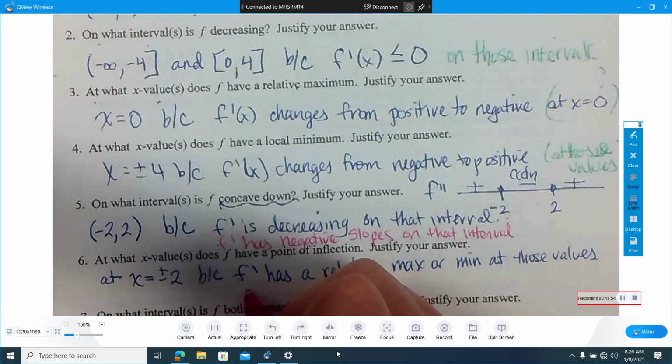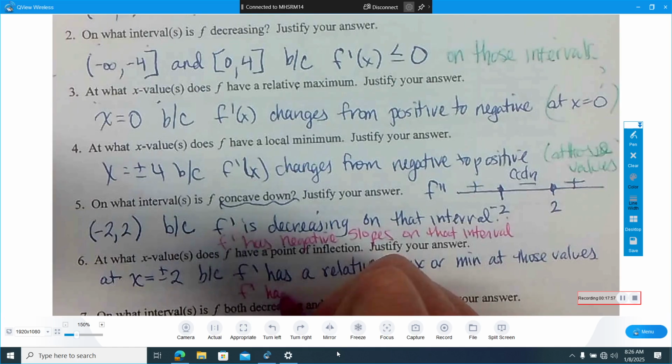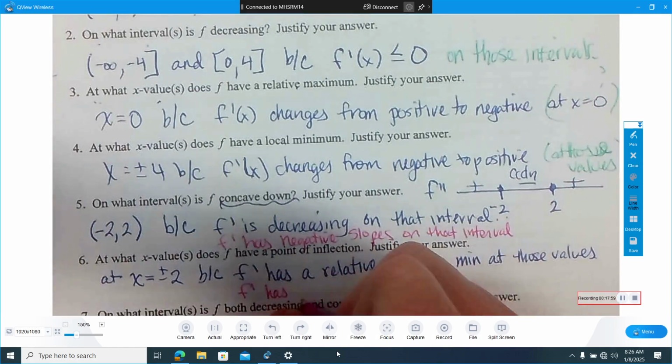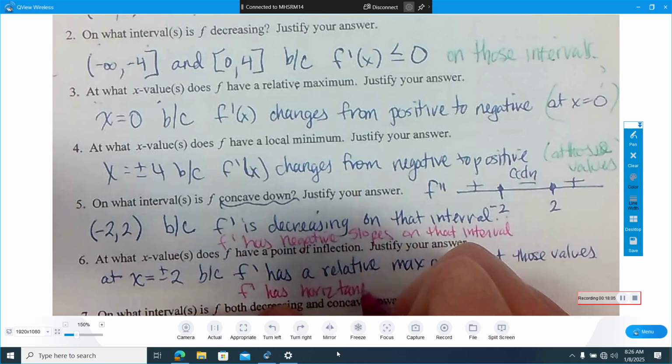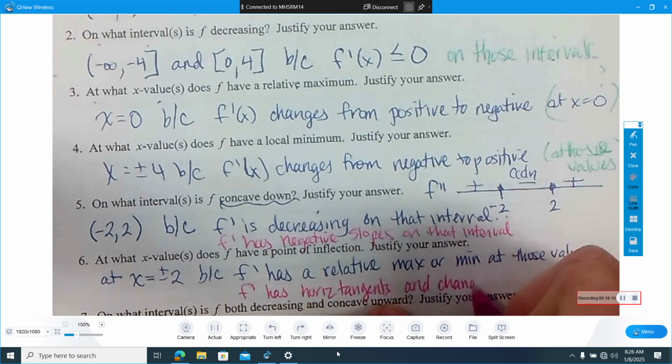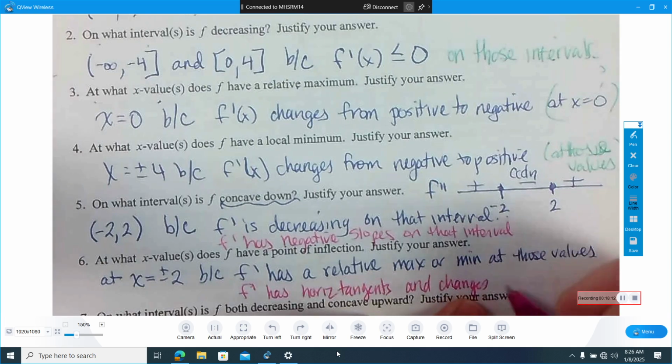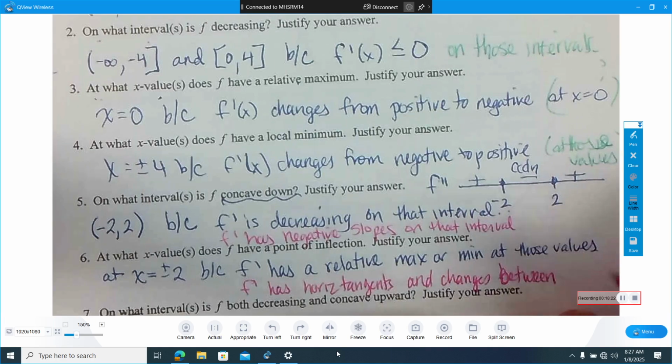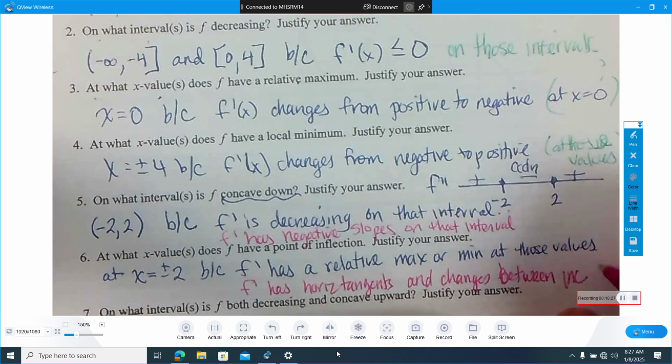Or we could also say because f prime has horizontal tangents and changes between increasing and decreasing at those points.